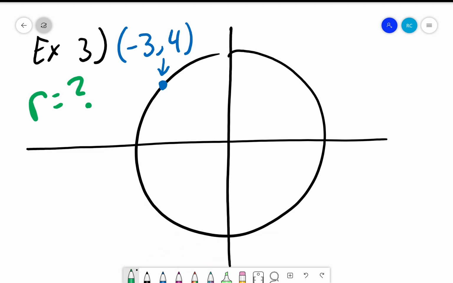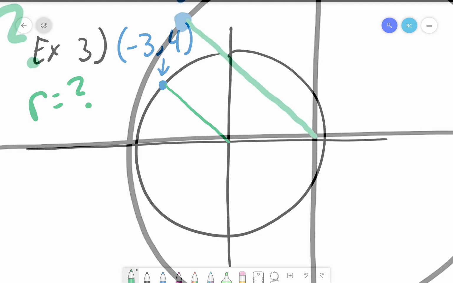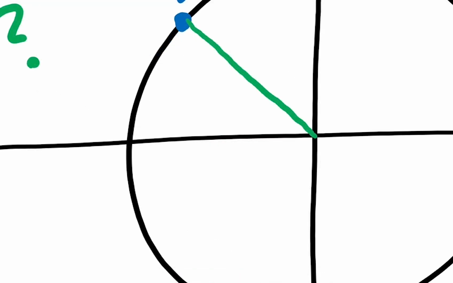Well, okay, the radius is right here, right? And once again, as we've been doing this whole video, we can make that into a right triangle. And we know that the x value here is -3, and the y value is +4.